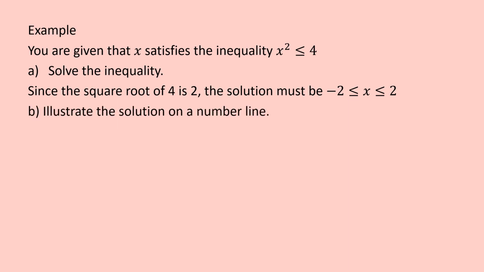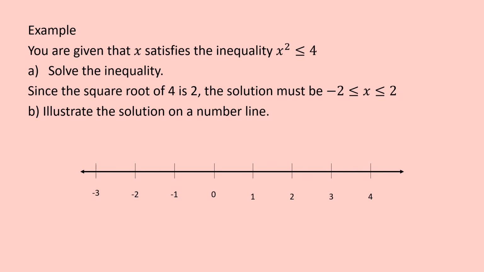Part B. Illustrate the solution on a number line. First you have to draw the number line, then you have to mark minus 2 and 2 on the number line.